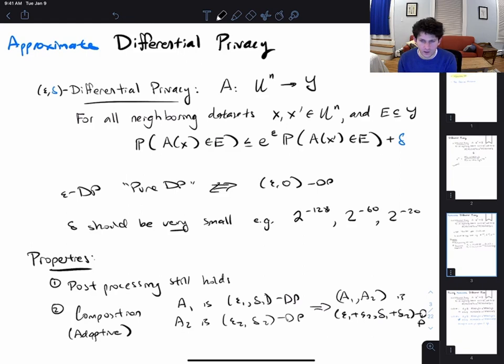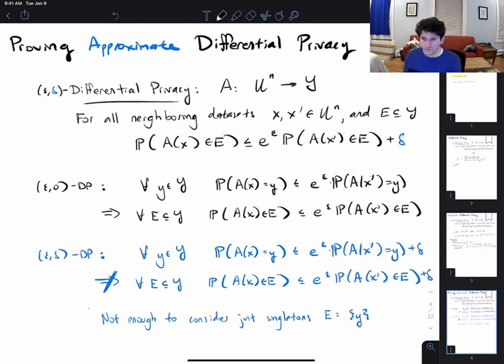Before we see our first example of an epsilon delta differentially private mechanism that meaningfully takes advantage of epsilon delta, I want to talk about an important technical point about proving epsilon delta differential privacy. The slide has a lot of writing on it, so let's go through it step by step.